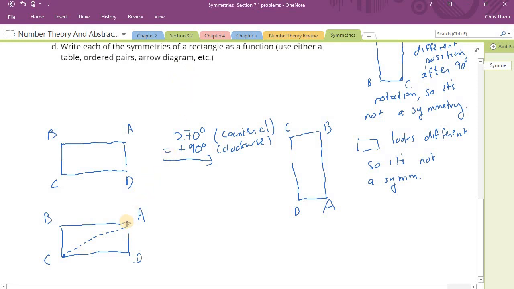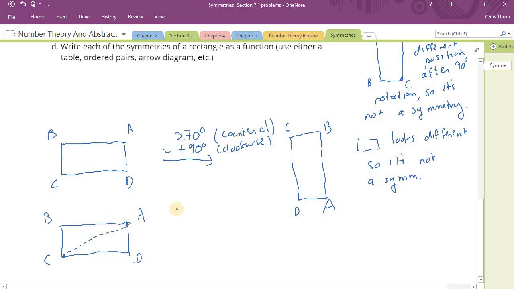Notice that when you have this long side from A to B, then when you flip this across the diagonal, this long side is going to be going down. Now this side here, this short side from A to D, when you flip it across the diagonal, it's not going to be going horizontally, it's going to be going at some other angle.